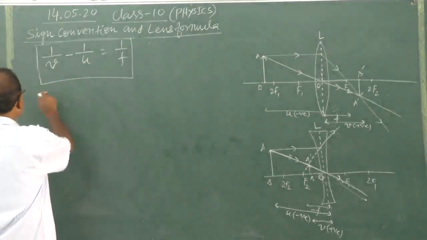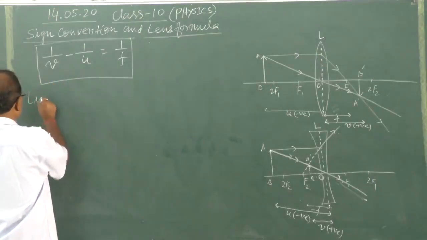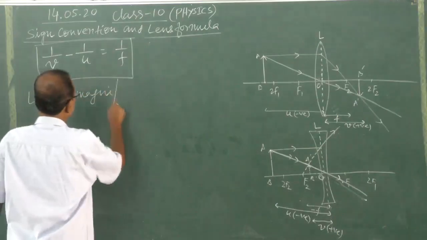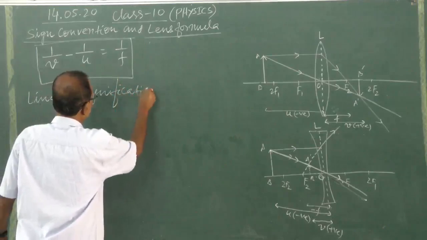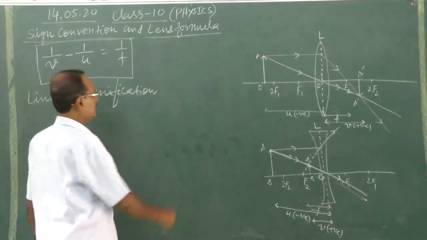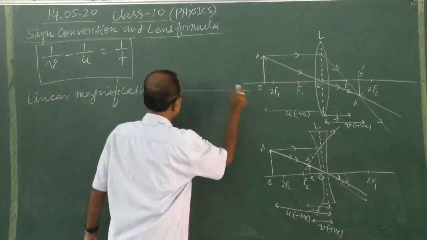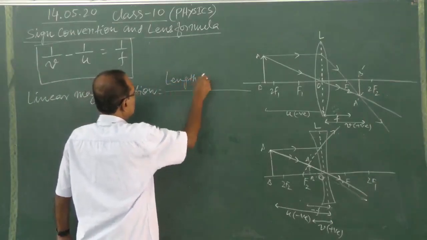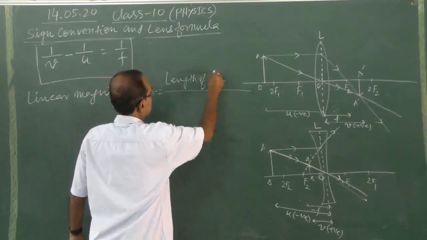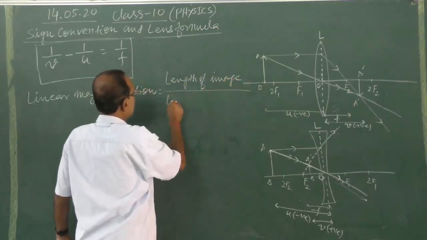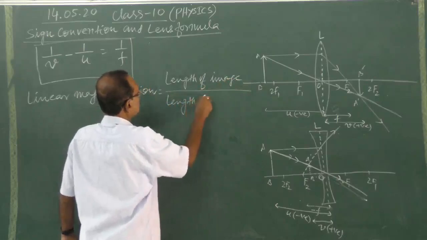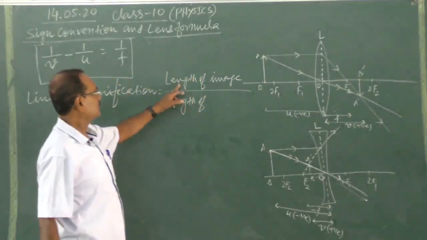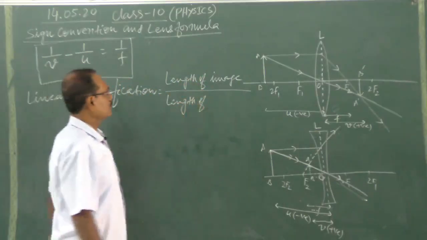Next is linear magnification. Linear magnification is the ratio of the length of the image to the length of the object, where length means height.